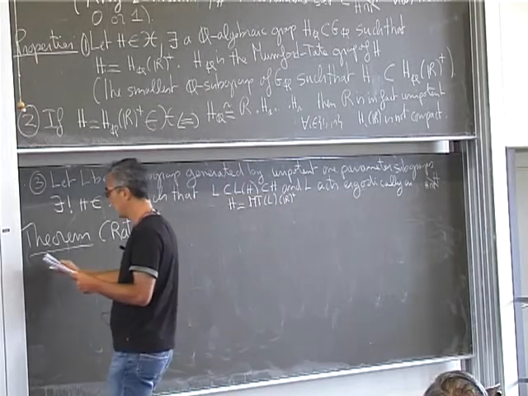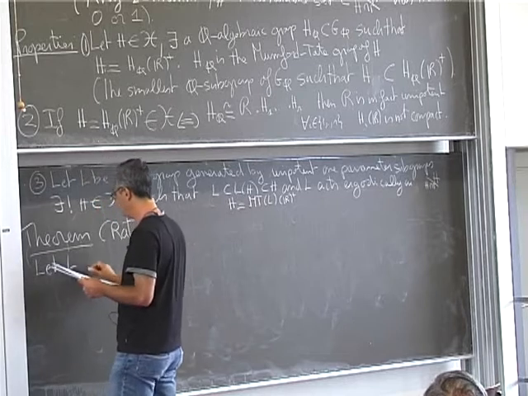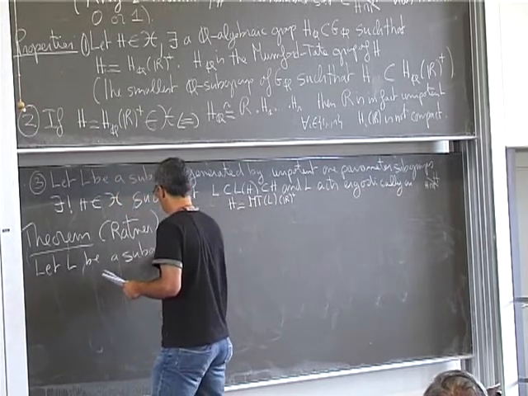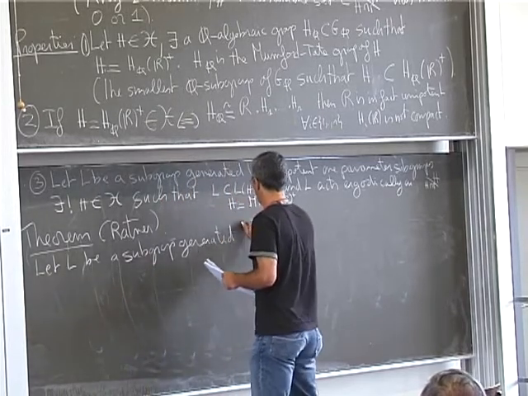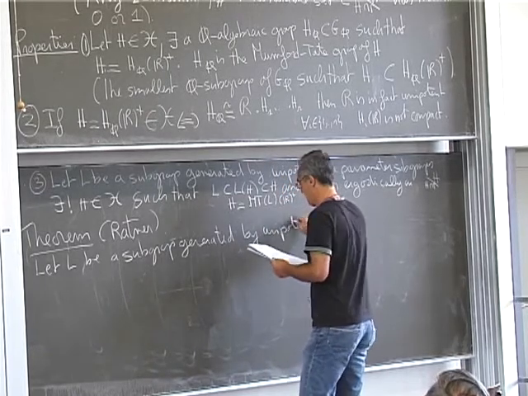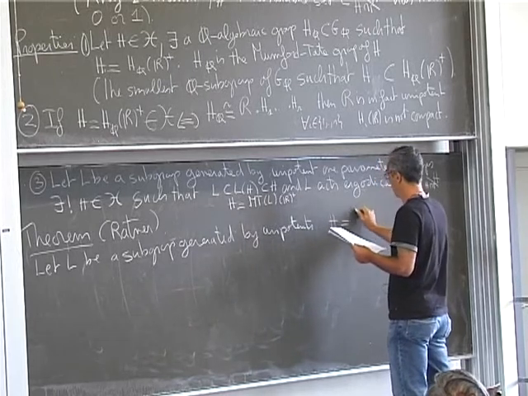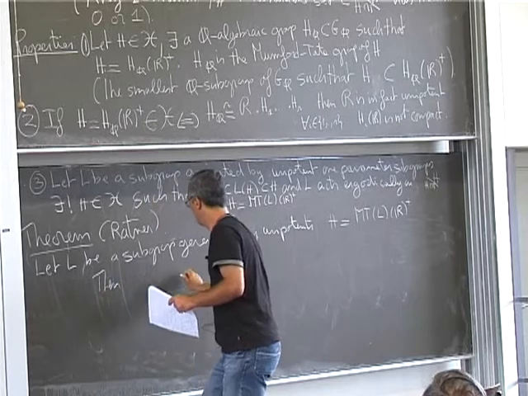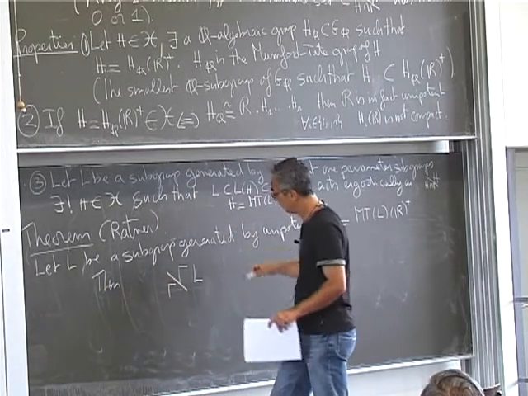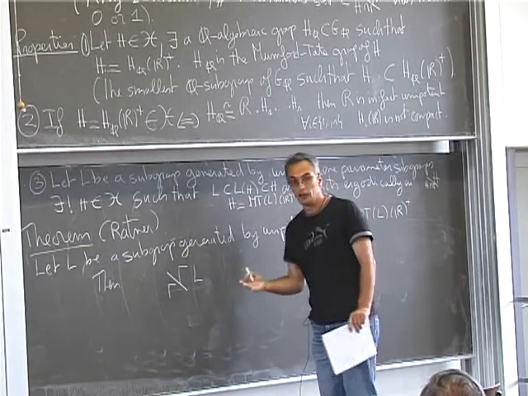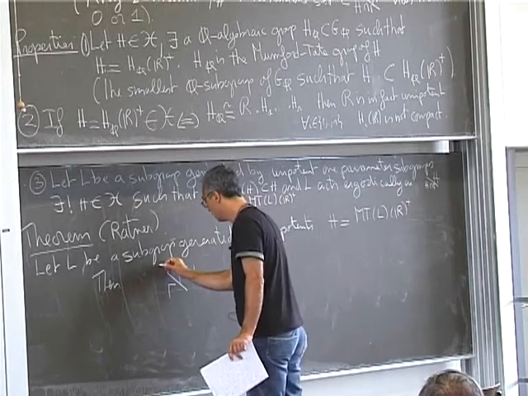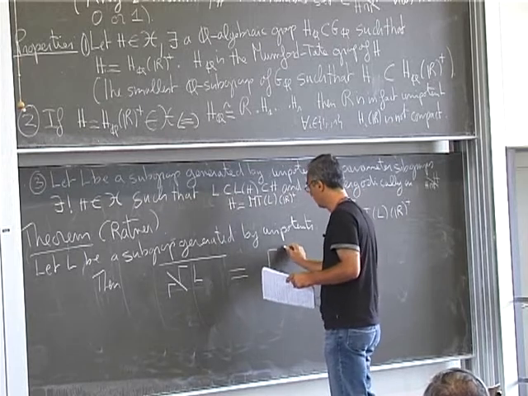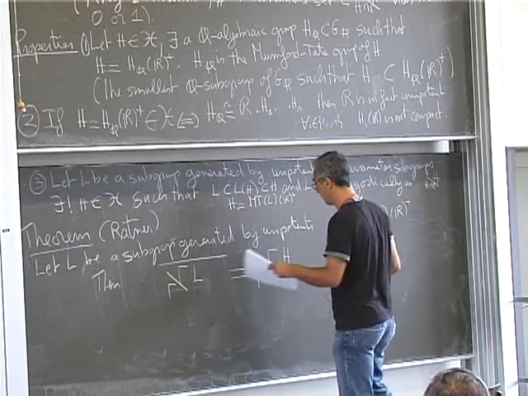Let L be, as previously, a subgroup generated by unipotents, and H the Mumford-Tate group of L. If you take the orbit of L passing through the origin, in general this orbit is quite awful, but you can take the closure for the ordinary topology.